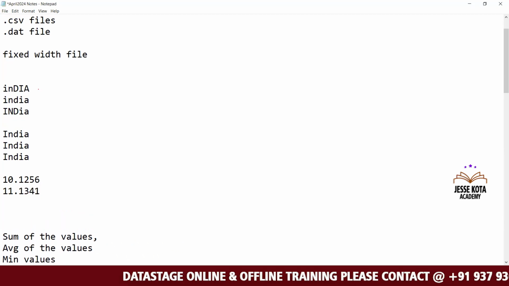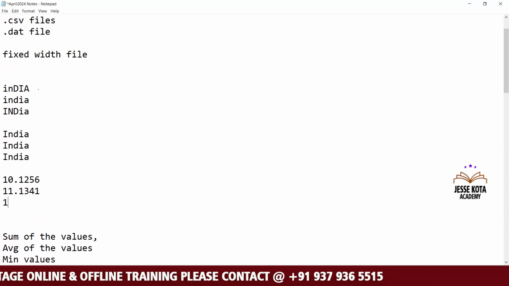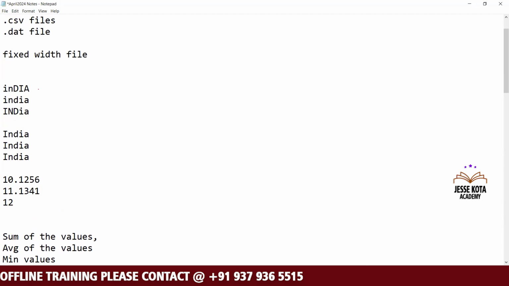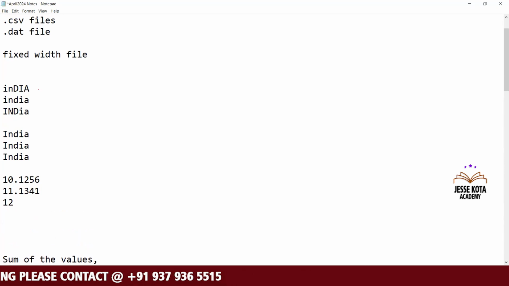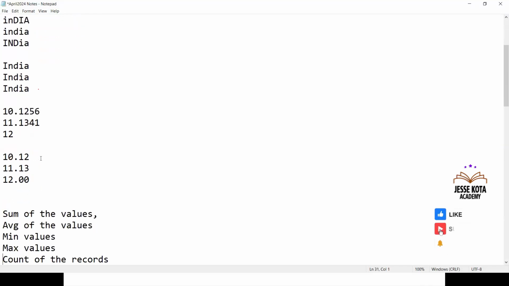So I need to do the roundup. I need only two decimal values. Another column I receive like this, only 12. So I need a standard format in the output: 10 point, only two decimals, 11.13, and 12.00. One standardized format here we have to maintain.